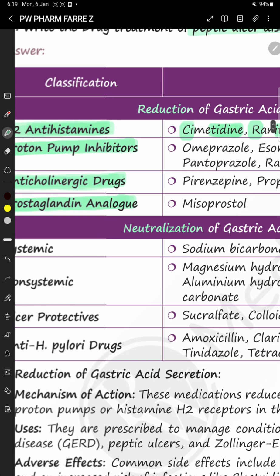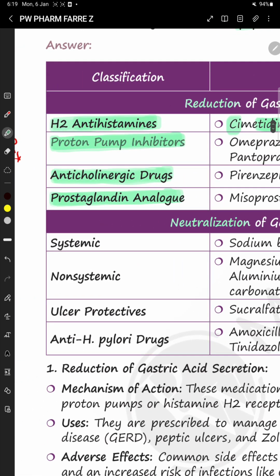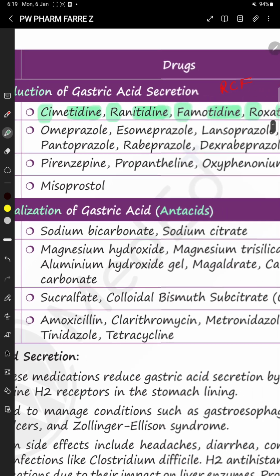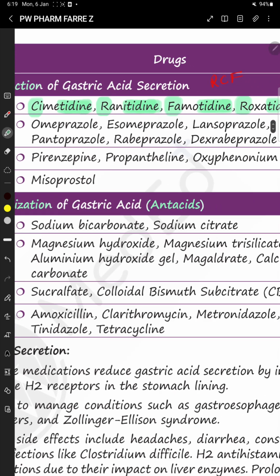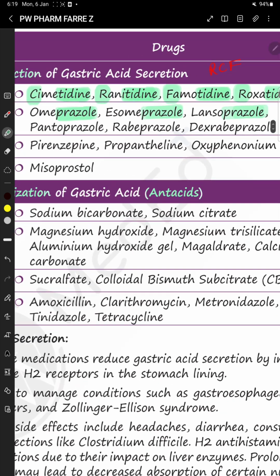The second category is proton pump inhibitors. These drugs end with the word prazole, like omeprazole, esomeprazole, lansoprazole, pantoprazole, rabeprazole, and dexrabeprazole.